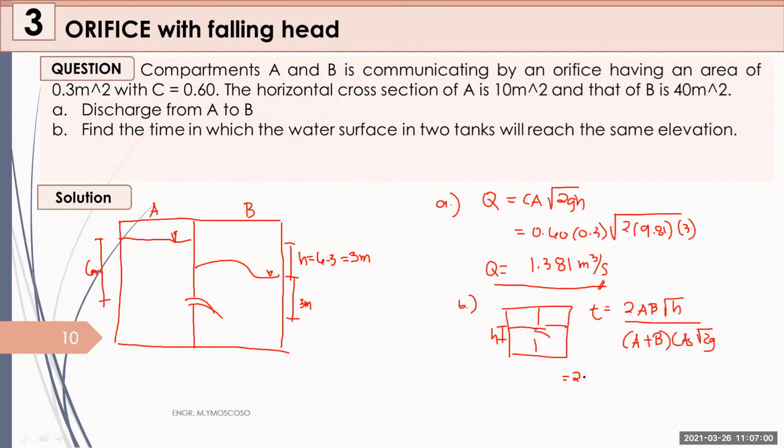So you will have 2 times your A, which is 10 times 40 for your B, square root of 3 divided by 10 plus 40. Madali lang talaga, formula based lang tayo. Times 0.3 square root of 2G. Therefore, the time that we are needed para pantay yung tubig from point A to point B is, solve natin.